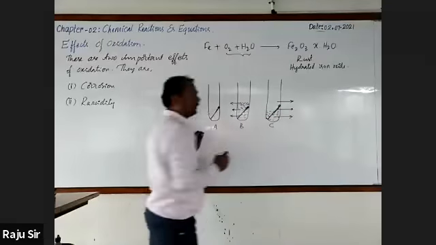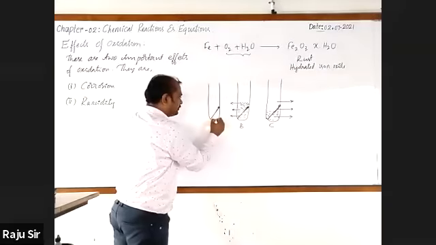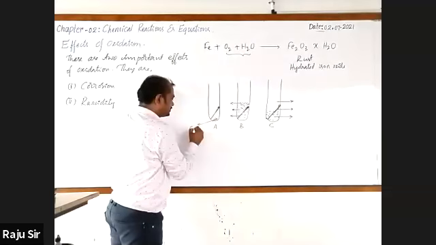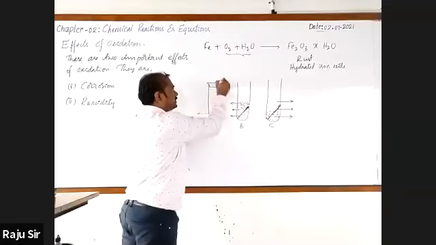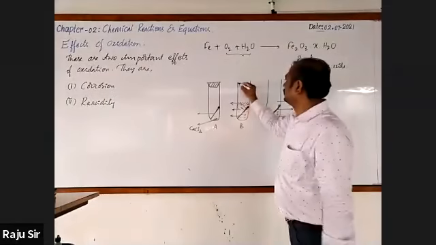This is iron. In the first one, I am going to put some crystals of calcium chloride. Afterward, close the mouth of each test tube with a rubber cork. There should not be any holes.